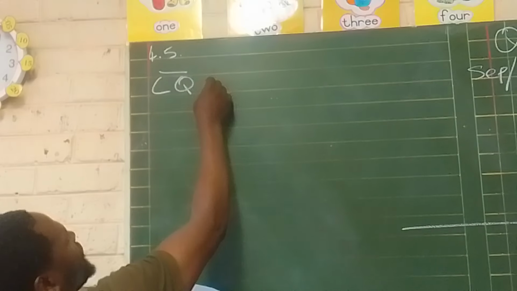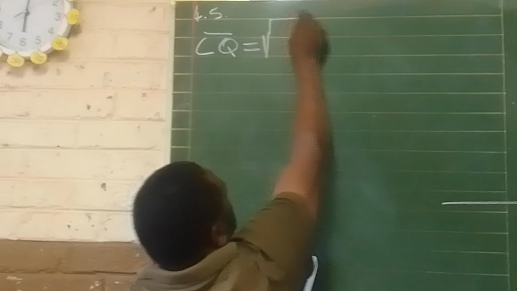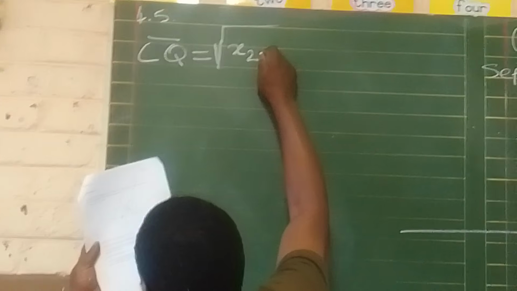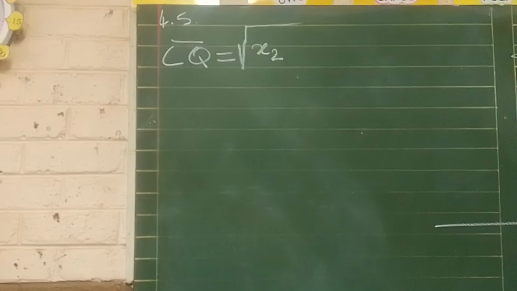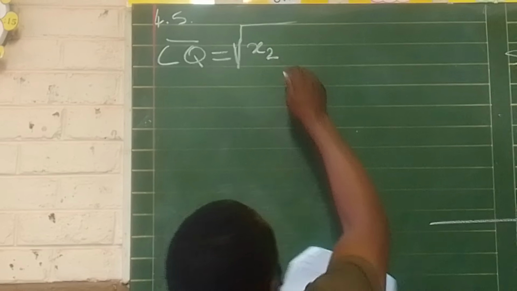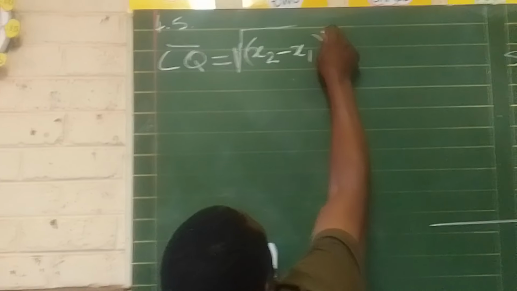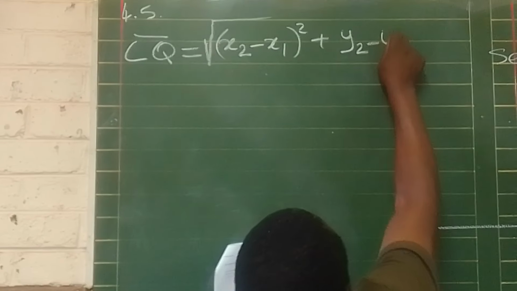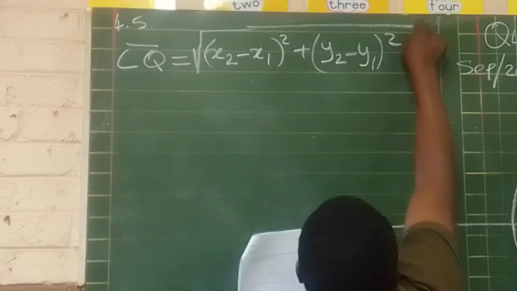The length of CQ is given by the formula: x2 minus x1, squared, plus y2 minus y1, squared.